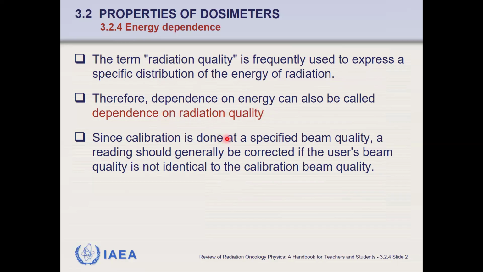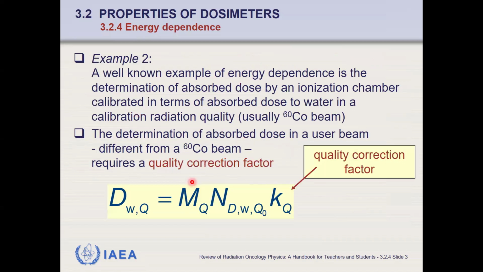Since calibration is done at a specific beam quality, a reading should generally be corrected if the user's beam quality is not identical to the calibration beam quality. Here we have an example concerning the energy dependence property.